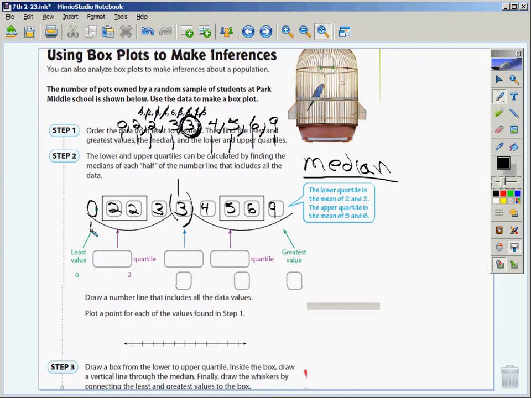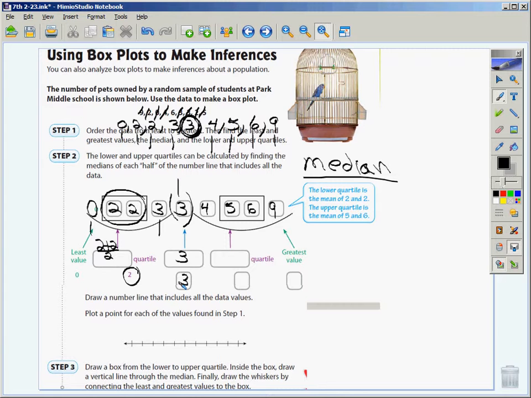So if I got rid of the 0, I'd have to get rid of this 3. And there's 2 numbers then that are together in the middle. So in order to figure what that is, I'd have to take 2 plus 2 and divide it by 2, which is what? 2. Okay, does everybody understand that? This would have been 2 plus 2 divided by 2. This was 3.